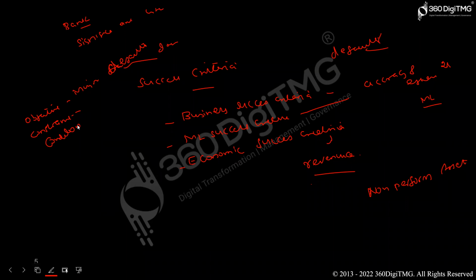When you put a constraint, the condition here is to maximize the profit also. Maximize the profit means you cannot keep rejecting loans.